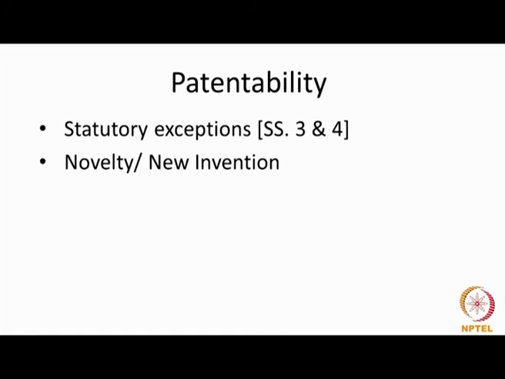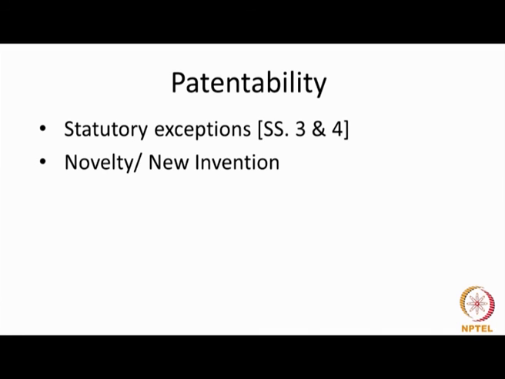Some of the exceptions in section 3 and 4 are policy based, some of them are domain based, some of them are exceptions which you can get over, some of them are absolute exceptions. We will come to them in detail. For instance, section 4 is a bar on granting patents for anything that pertains to atomic energy. So the Indian law does not grant patents on things pertaining to atomic energy. So that's a blanket ban.